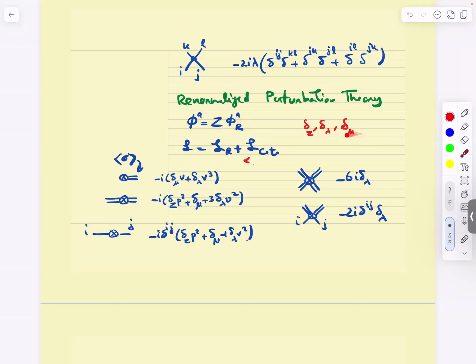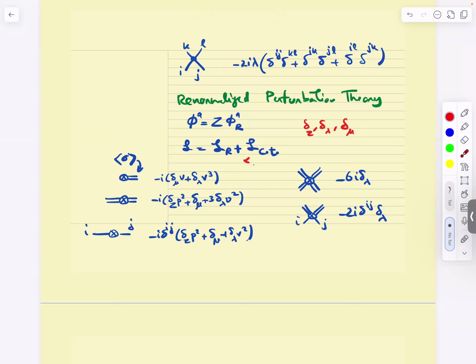All right, and then you write this as L_R plus L counterterms, and there are counterterms associated to Z, counterterms associated to lambda, counterterms associated to mu. Here is now the important thing. The main reason I'm doing this is the following. In the example of QED and lambda phi 4, you had many counterterms.